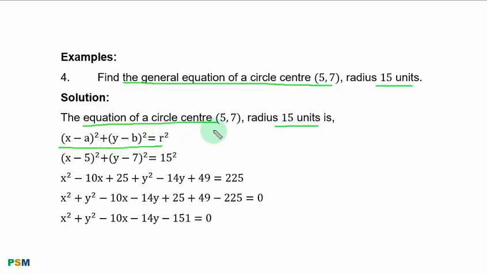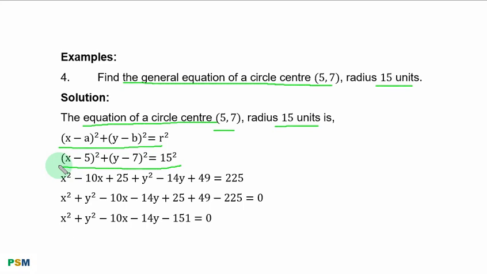When you compare with the given center, a is equal to 5, b is equal to 7, and r, the radius, is equal to 15. You have it in this form.